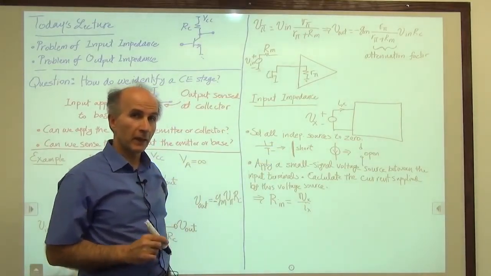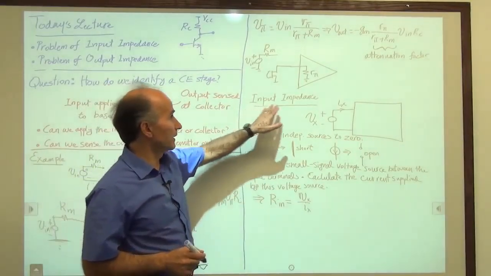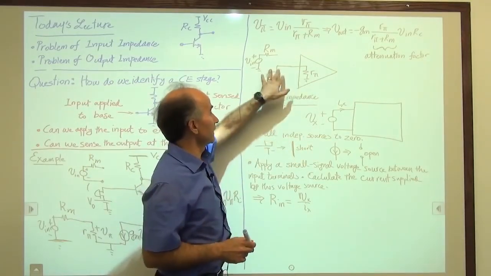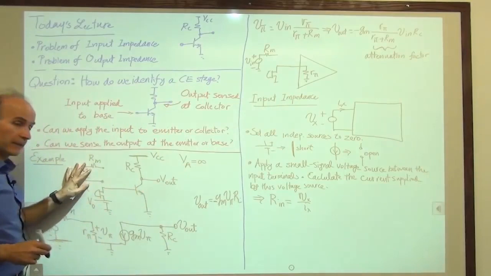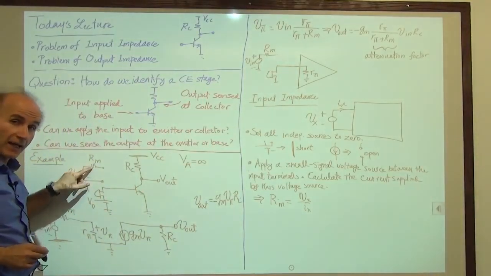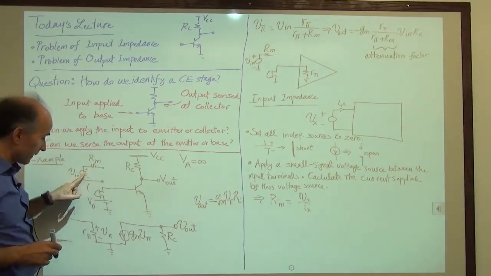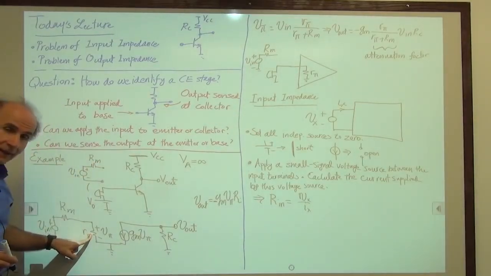So the importance of this input impedance is that if what is driving the circuit, for example, a microphone, does have an internal resistance, then it's the input impedance that causes attenuation of the signal.